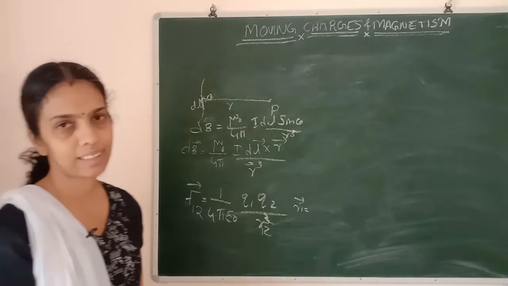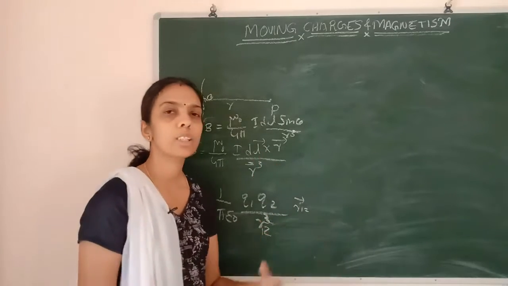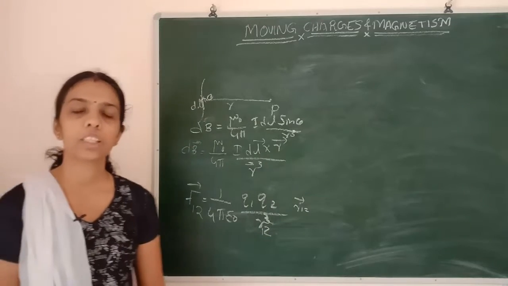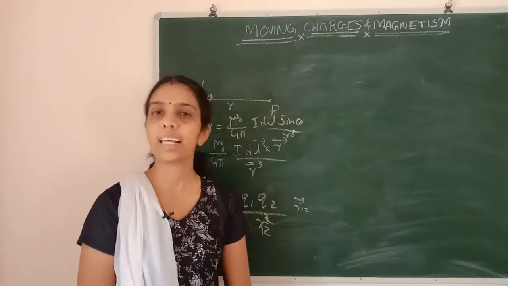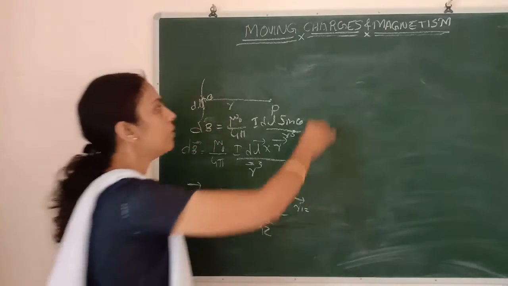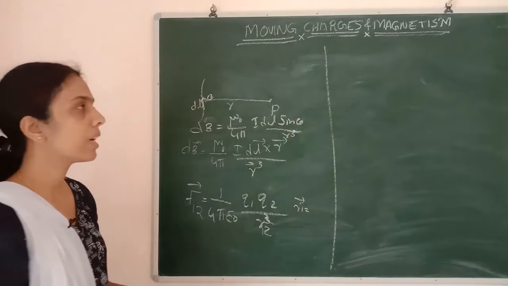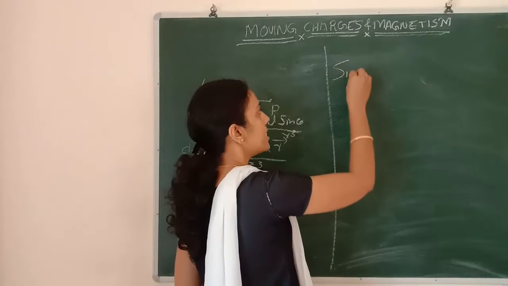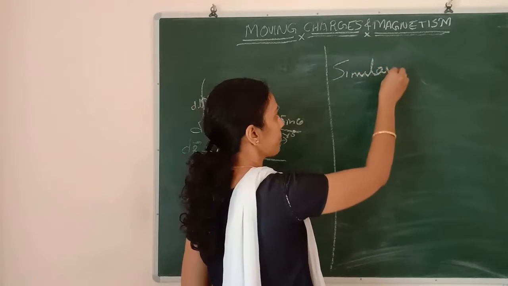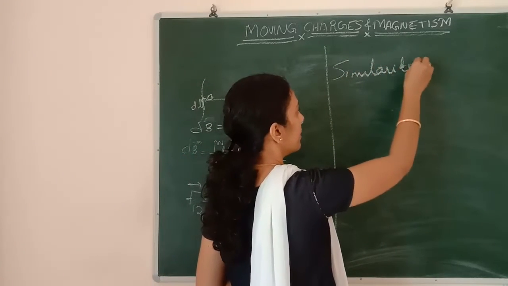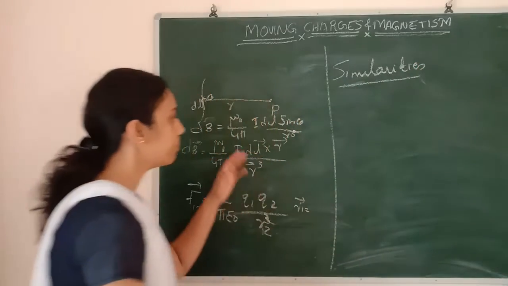These are the two vectorial representations of the magnetic field and the electric field. Now, what are the similarities and dissimilarities between them? First we discuss the similarities.